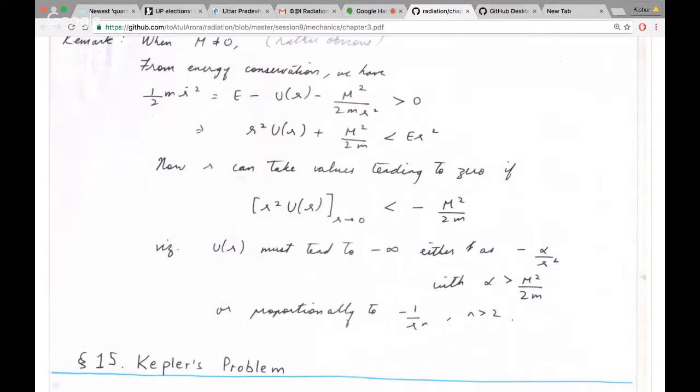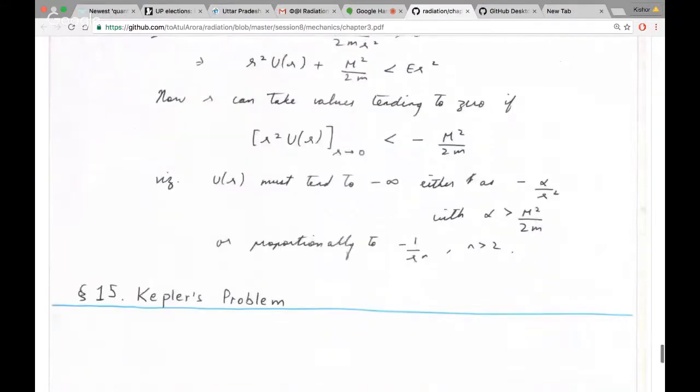So the condition will hold if you have either the r square form, in which case alpha must be greater than M square by 2m, or 1 by r cube or 1 by r whatever, and then you don't have any constraints on alpha.